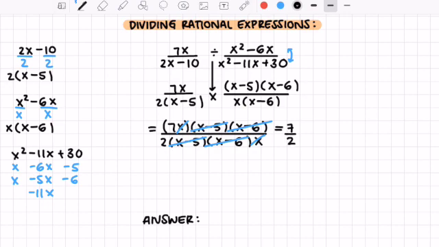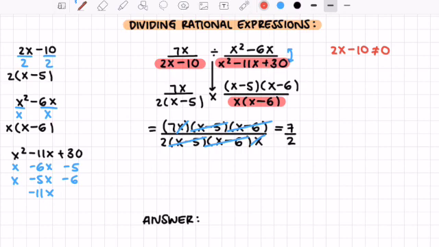Okay. And then after I do that, again, it's really important that you identify your restrictions. So my restrictions this time are going to come from the denominator from our original function, and also the denominator of our flipped function as well. So I need the 2x minus 10 to not equal 0.